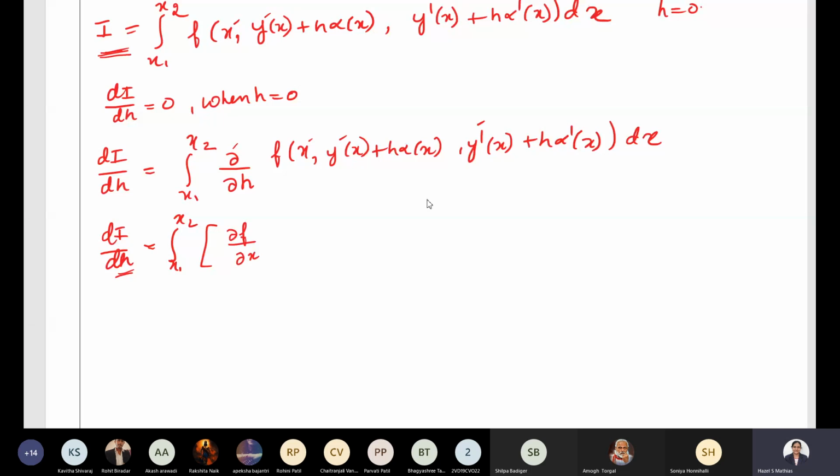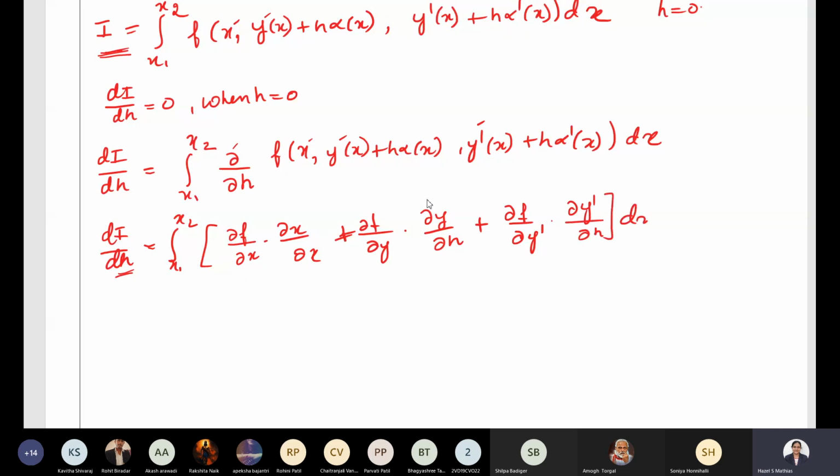Dou f by dou x into dou x by dou h plus dou f by dou y into dou y by dou h plus dou f by dou y dash into dou y dash by dou h, into dx. This is the concept of chain rule.